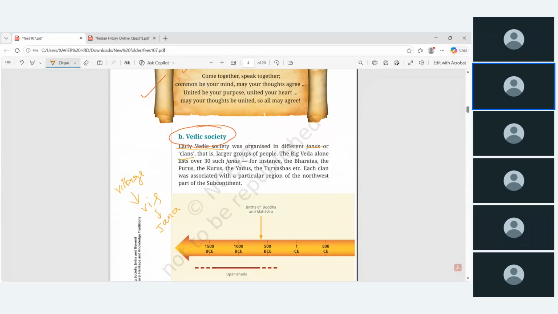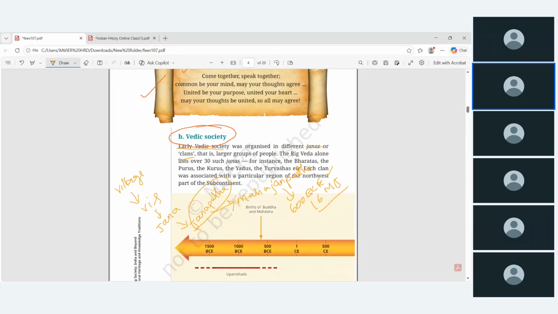Then a group of janas becomes a janapada, and janapada becomes mahajanapada. Janapada was formed by a chieftain, and many chieftains formed a Mahajanapada. At the time of 600 BCE, around 16 Mahajanapadas were there. We will study this when we are in 600 BCE.